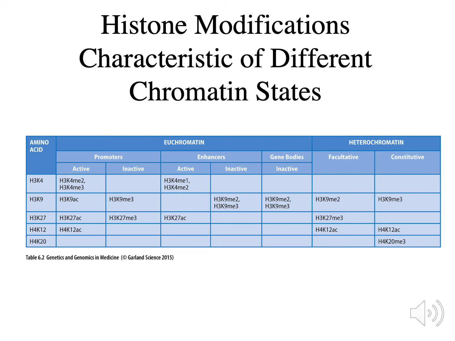Now, please don't think that you need to memorize this entire table. That's not necessary, but it's just giving you a flavor of the different types of histone modification that are characteristic of different chromatin states.